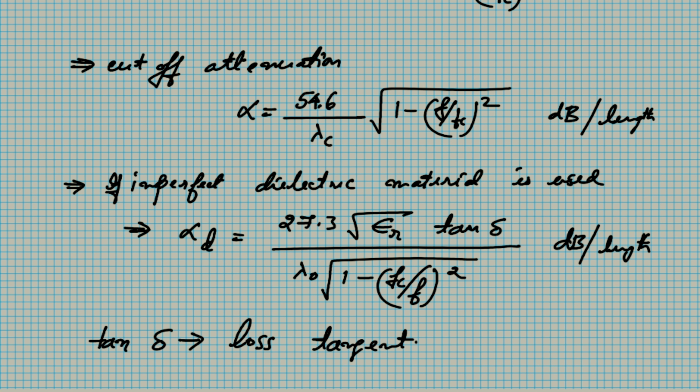Actually there are multiple equations we can write for this loss depending on the mode. According to each mode this changes, but since we are not discussing any specific mode such as TE10, TE01, TE11, TM01, etc., it's not the same for everything. I don't think we need to cover that depth under our syllabus.